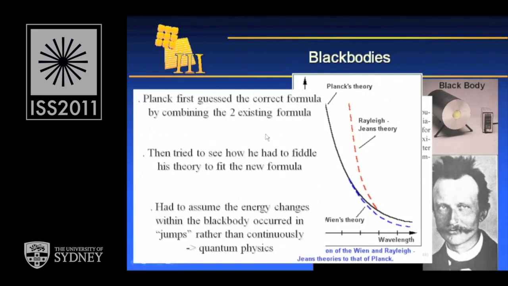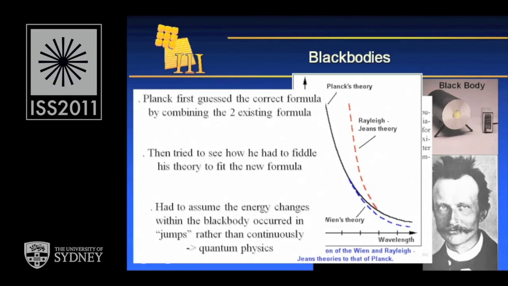He found he could get the correct formula if he assumed that changes within the black body didn't occur continuously with energy, but rather as little jumps in energy. That's the tweak that he needed to be able to explain the expression he deduced. And this was the first introduction of a quantum idea into physics and resulted in the birth of quantum physics.